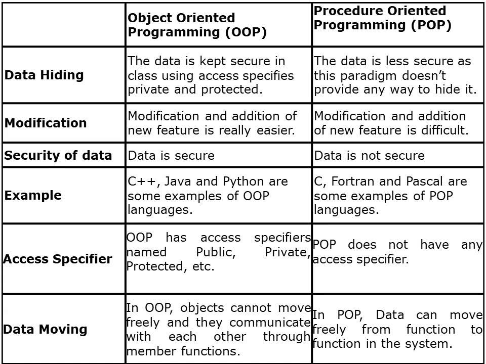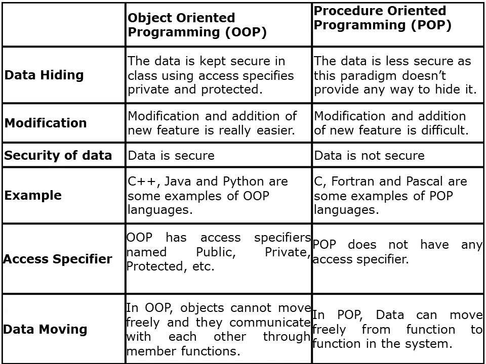Eighth, security. In object oriented programming, data is hidden and so data is secured from the outside world, whereas in procedure oriented programming data flows freely around the system and can be modified by any function, hence the data is not secured.